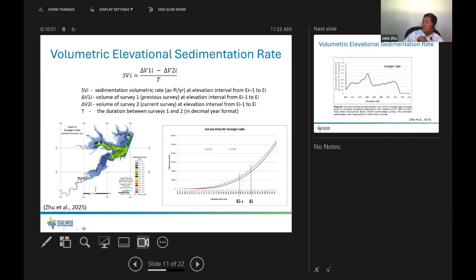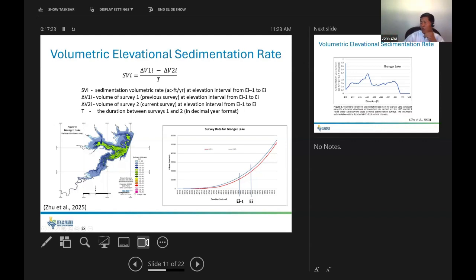So for each interval, we compute the sediment volume first. So it's the old survey volume in this interval minus the volume of the new survey in this elevation interval. So we know how much sediment was filled in this elevation interval, and then divide by the survey interval.